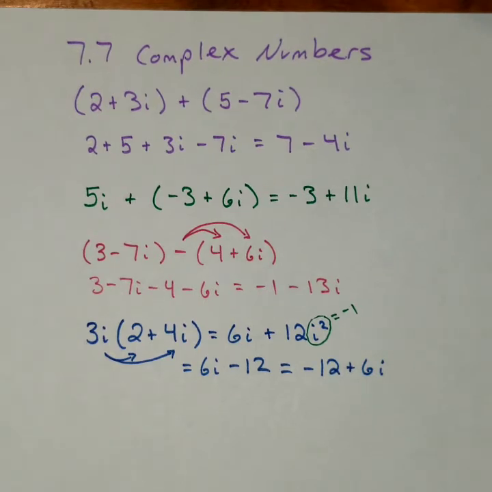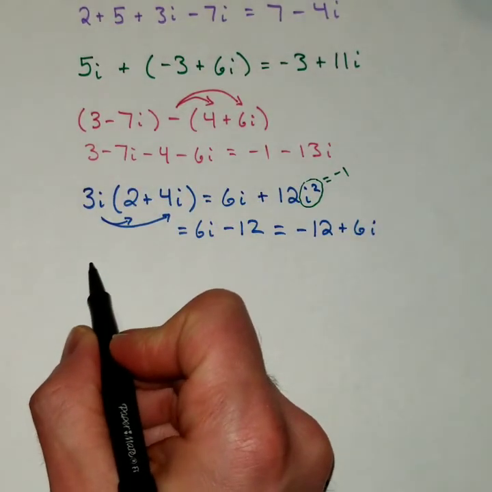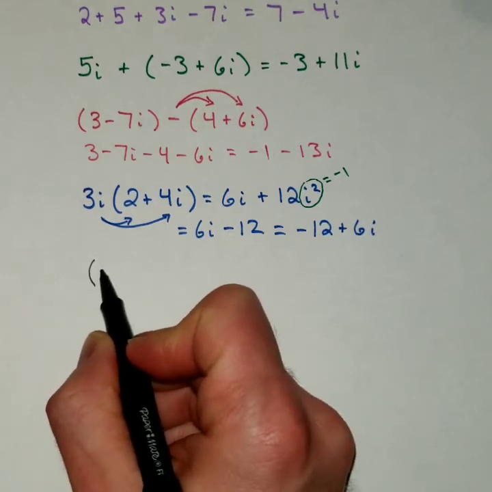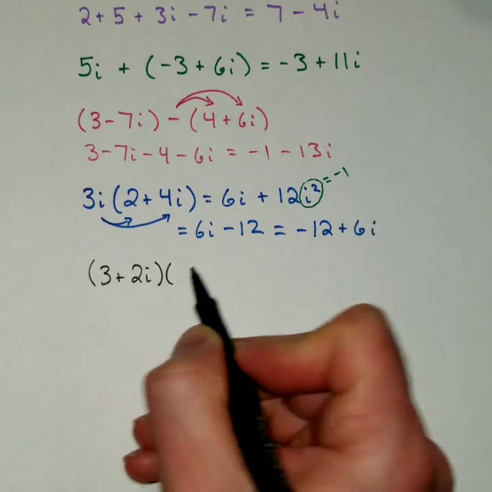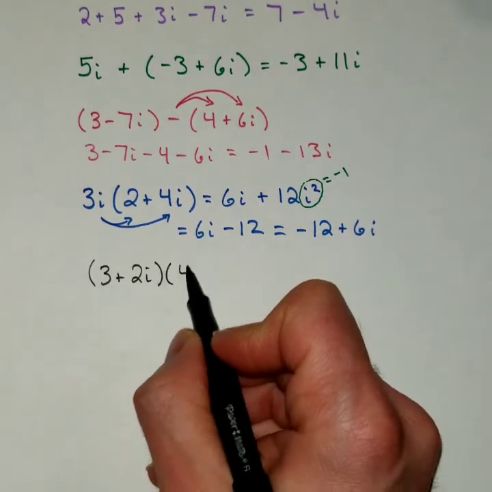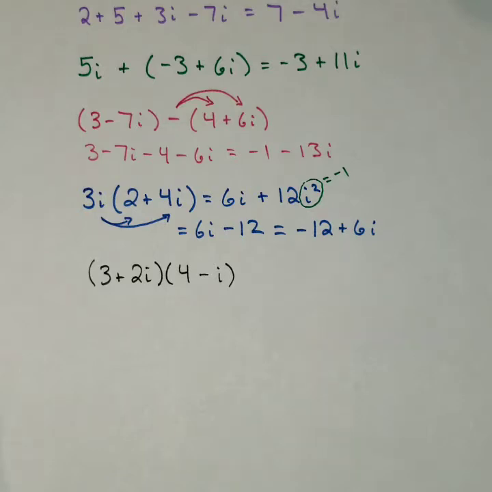Alright, let's look at a couple of complex numbers in the form a plus bi. Let's do 3 plus 2i times 4 minus i. So here again, distributive property, or what some of you call the FOIL method.